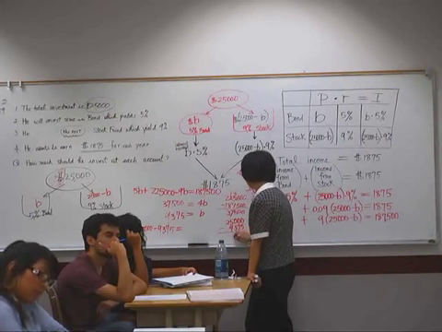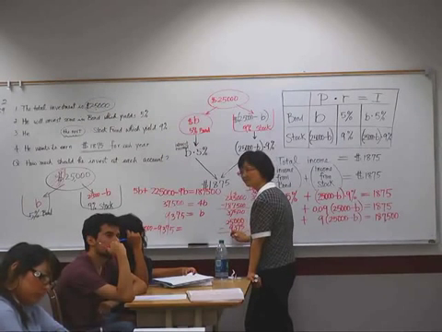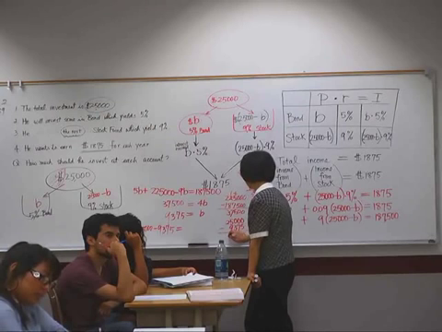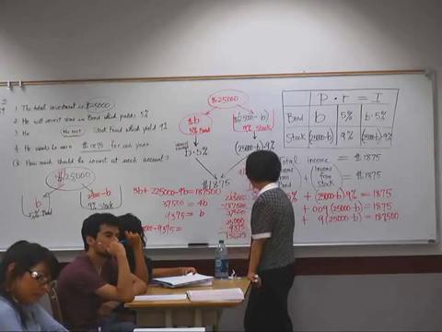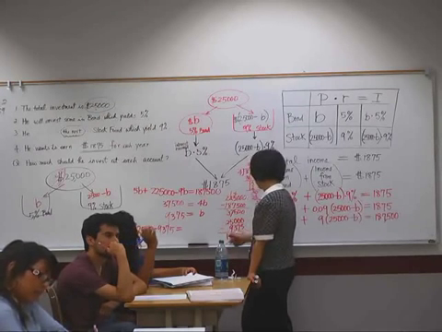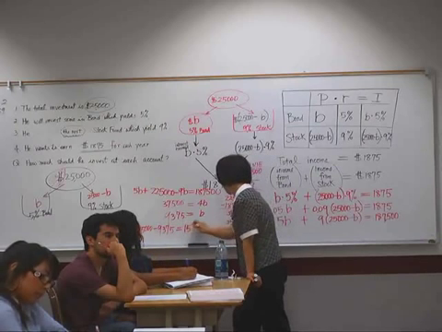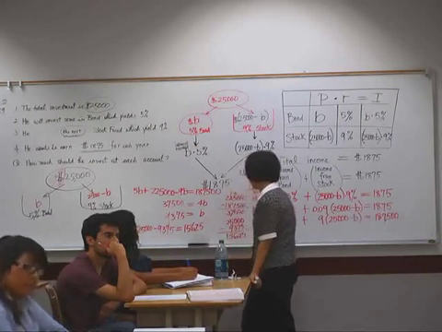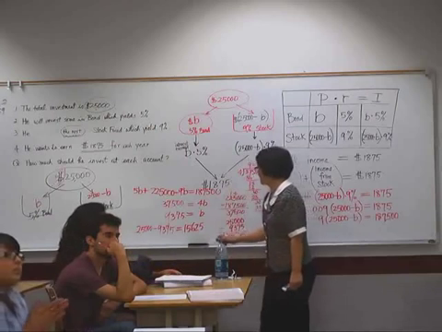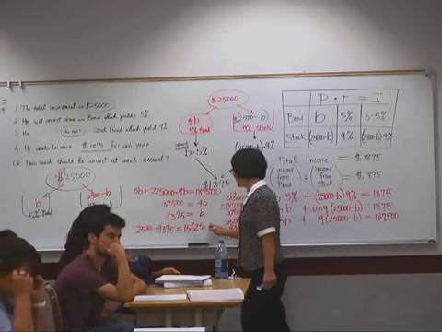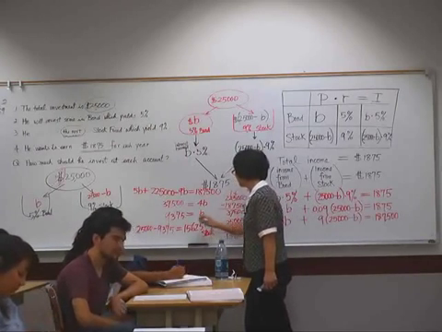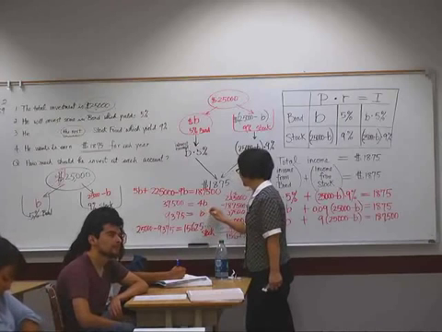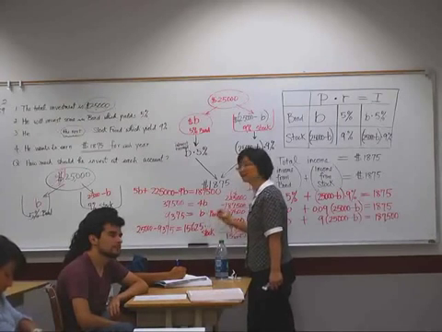Do you see that? It's 15,625. Are you with me? These are just subtraction, right? Okay, so this is the money that you invest at the stock fund, and this is the money you invest at the bond fund. Is that okay?